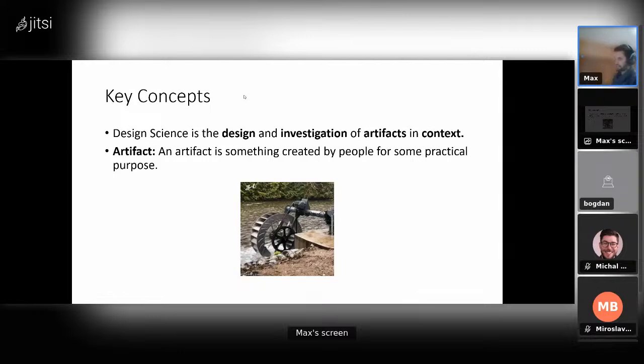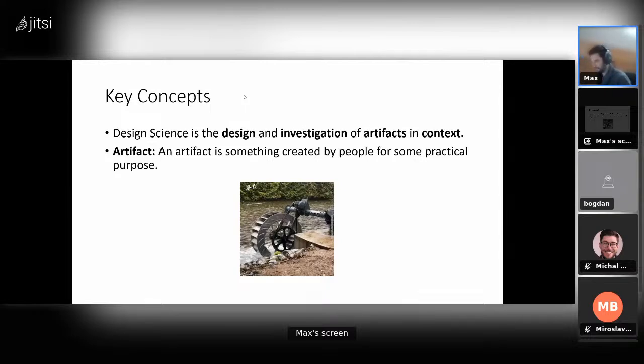In this case, the artifact would be the water wheel itself, and the context would be the river. So the idea of design science is the interaction between the artifact and its context. If we remove the river from the water wheel, then the artifact is useless. It doesn't work anymore. You really need to put it into context to make it work.